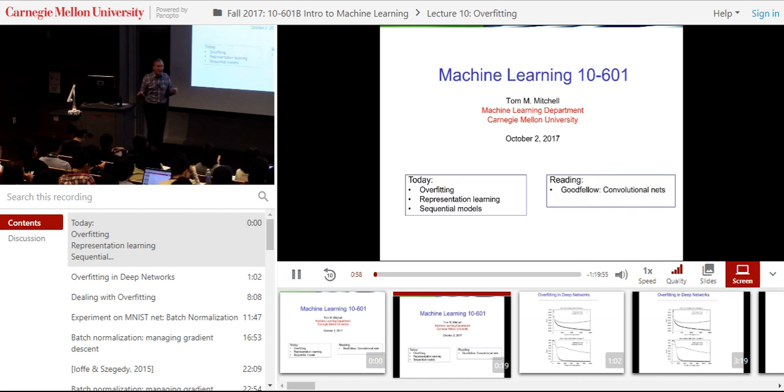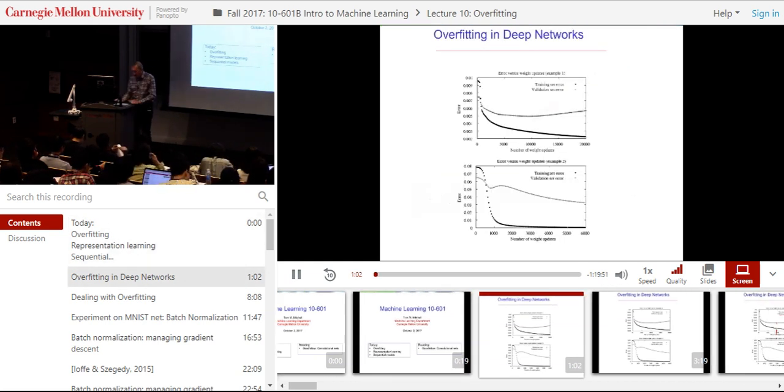Okay, so today I want to continue along the lines of discussing deep networks and looking at some topics we haven't yet. One topic we actually did look at in several algorithms that we've studied is the topic of overfitting.